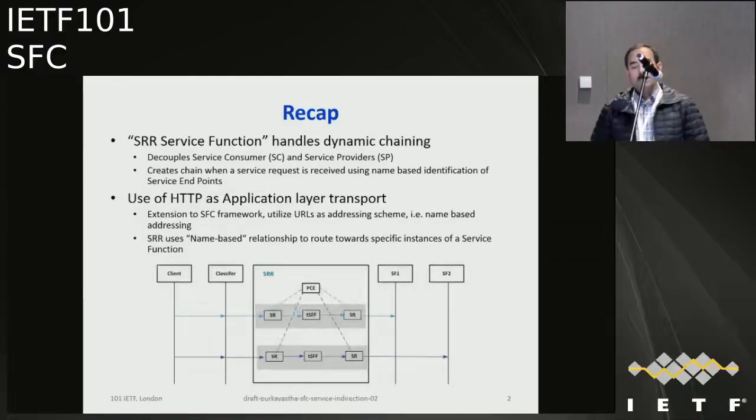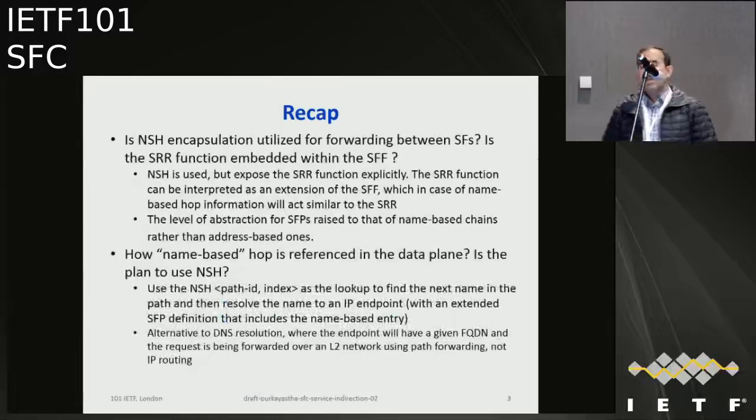In this slide, we recap some of the questions that we received. One question was whether NSH encapsulation is utilized for forwarding between the service functions, and whether the SRR function can be embedded within the SFF. Though it is not explicitly described in that way in the draft, that can of course be done.